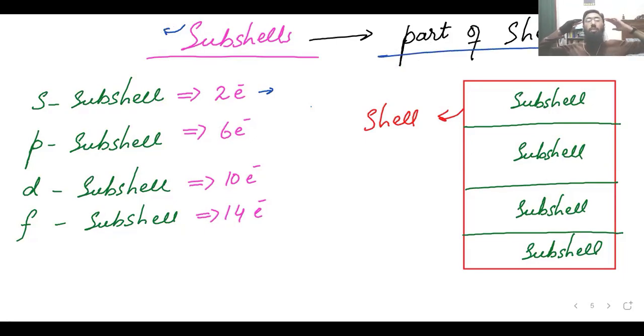Chemistry is more about imagination, because we cannot see an atom, an electron, a shell, or a subshell with our eyes. So just imagine there is a cupboard. You can see a cupboard behind me. Just imagine the cupboard is a shell, and that cupboard has different portions.